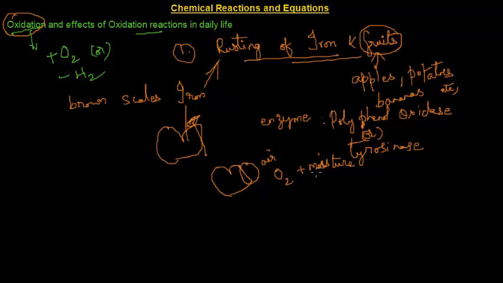So, in presence of moisture, oxygen in air reacts with the enzyme called polyphenol oxidase and forms a brown layer wherever it is exposed to air. This is called rusting of fruits.